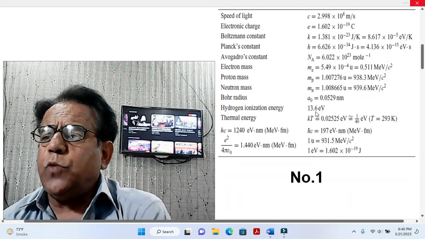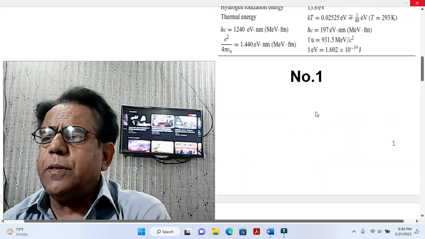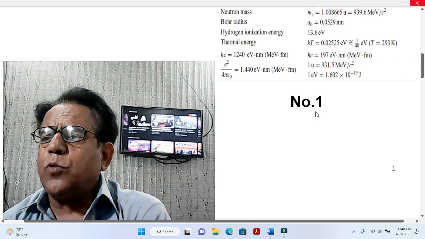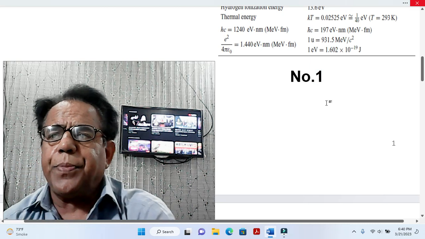Now we move towards the next tool. The previous was tool number 1 and this is actually tool number 2. This needs to be rectified.